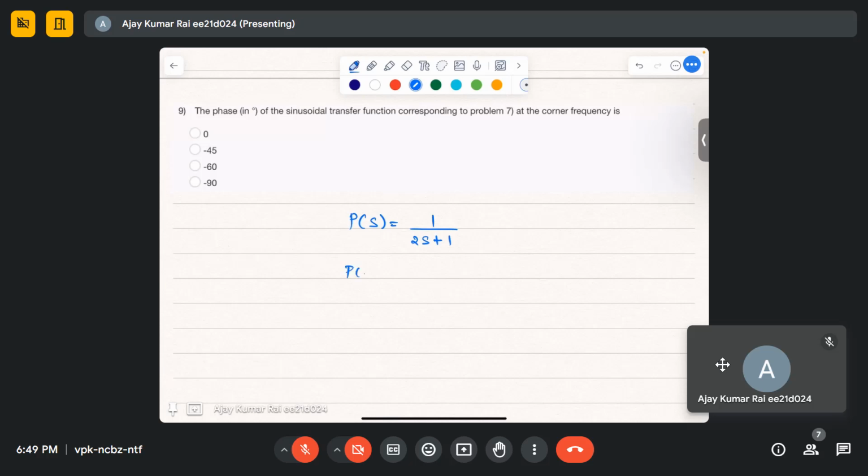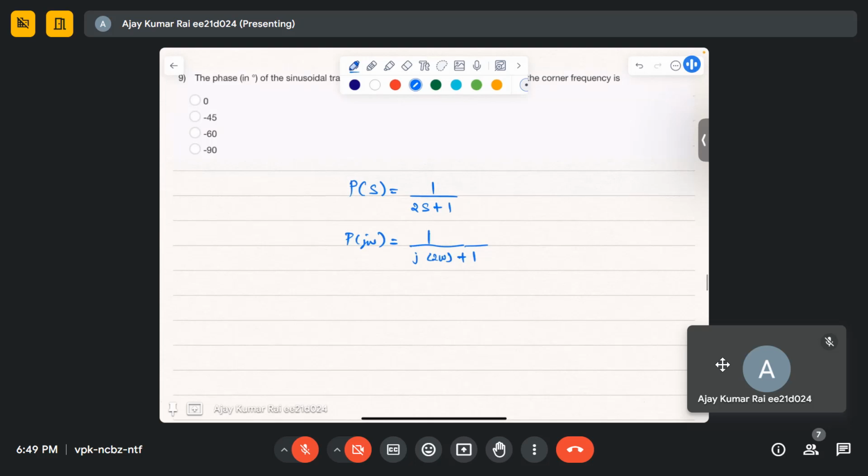So the sinusoidal transfer function, I'll write in this form: 1 by j2 omega plus 1. And I have to find the phase of this.